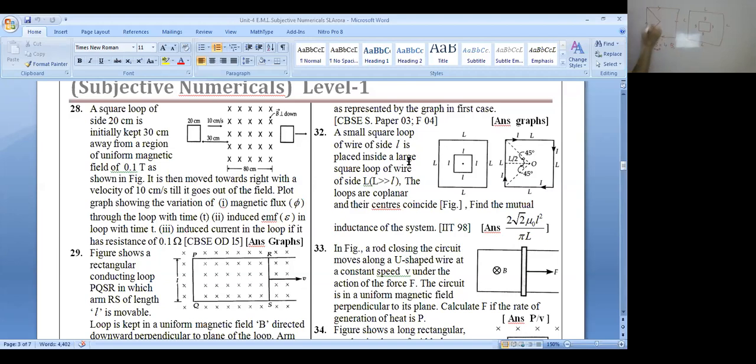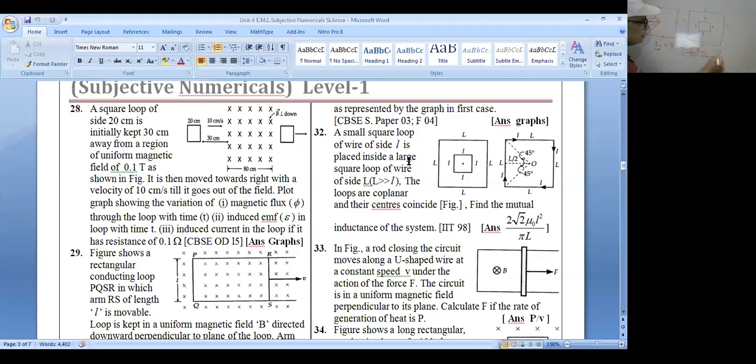Due to 1, we can easily find out this angle: because it is a square, it is 90 degrees, so this angle is 45. You can find out B. B means mu naught I upon 4 pi A. A means this is the length; the perpendicular distance is L by 2, the total length L, half of which is L by 2. So this is the value of A. And here sin phi 1 plus sin phi 2, sin 45 plus sin 45.